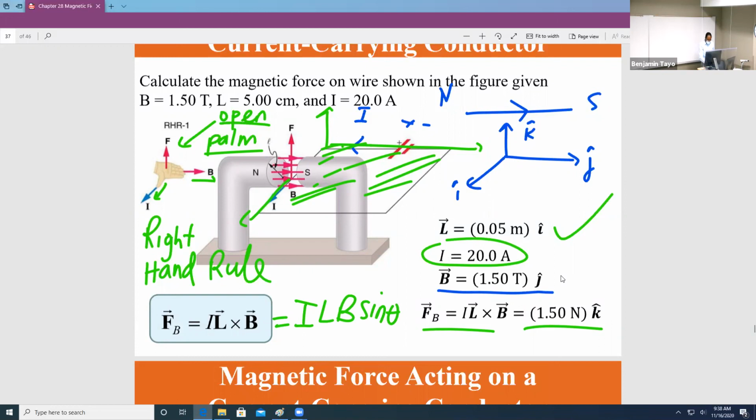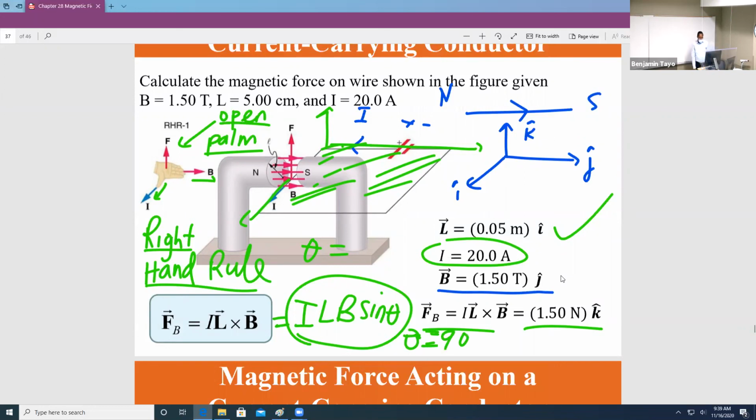Now, you can use this equation to calculate the magnitude of the force, and then use the right-hand rule to get the direction. Notice that in writing this equation, theta is the angle between the current and the magnetic field, which in this case is 90 degrees.